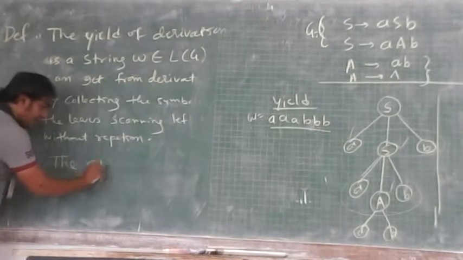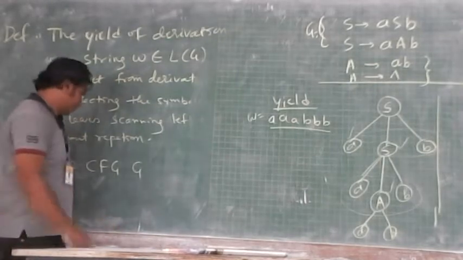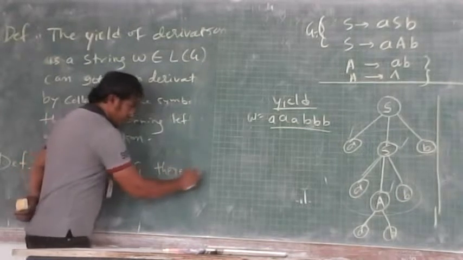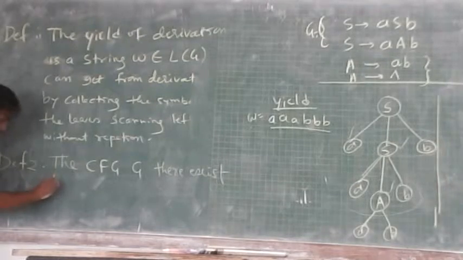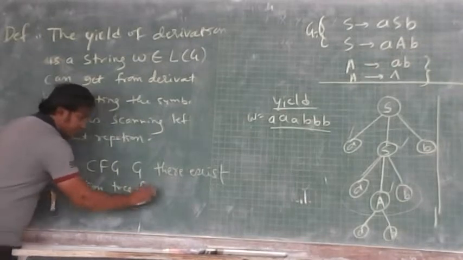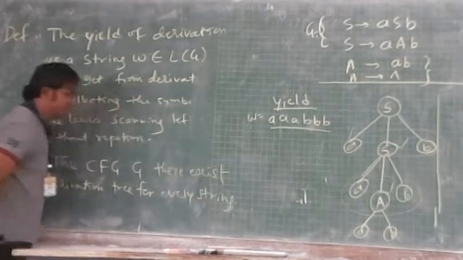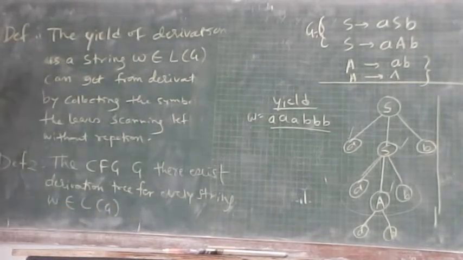For a context-free grammar G, there exists a derivation tree for every string W belonging to the language L of G. This is one of the definitions.